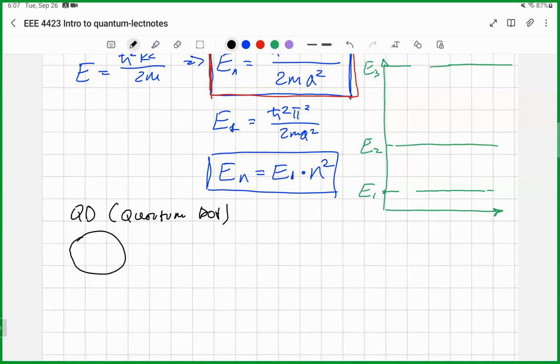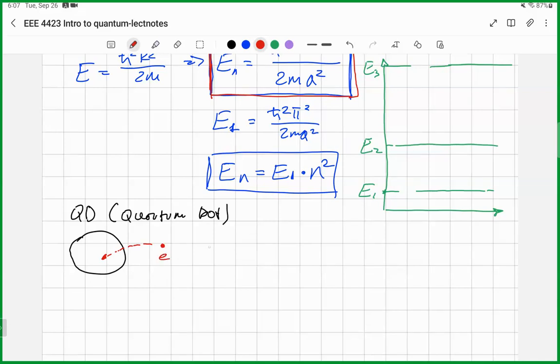So a quantum dot is just a small piece of matter, like a small piece of semiconductor, like silicon, like germanium, just a small island or small particle. And then when we have, for example, an electron around, it can come inside of this quantum dot and become trapped by it, because it needs some energy for this electron to escape out.